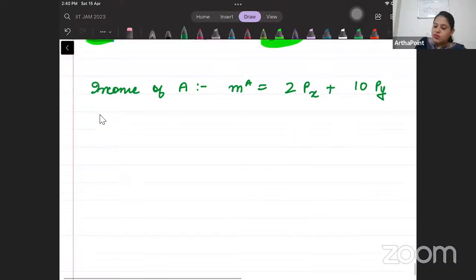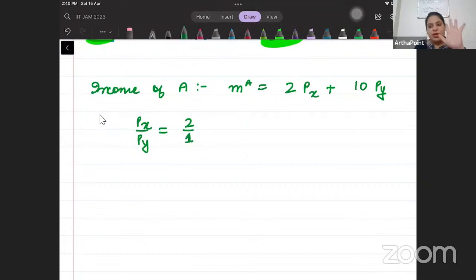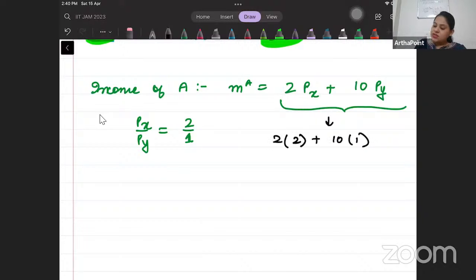If I assume that the price ratio is 2, understand this carefully once, then can I take px as 2 and py as 1? I can. So based on that, from here, I will get 2 into 2 plus 10 into 1. This means I will get 4 plus 10, which means I will get 14. 14 rupees is what I have.